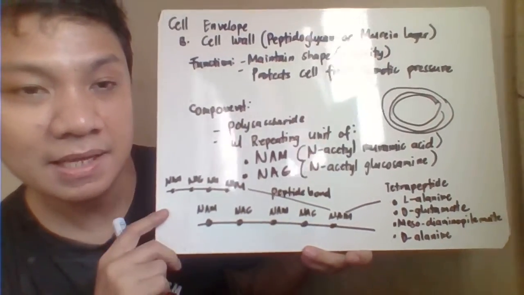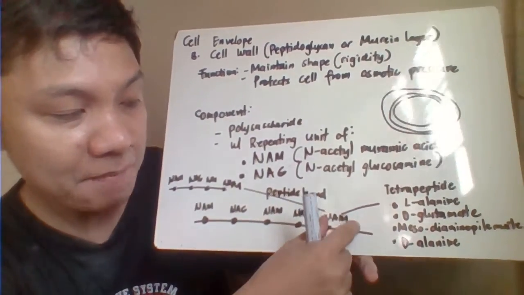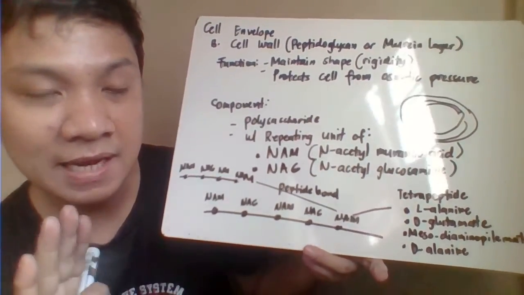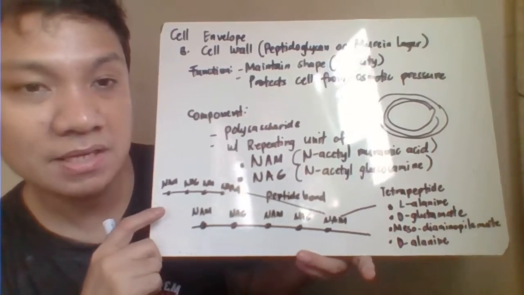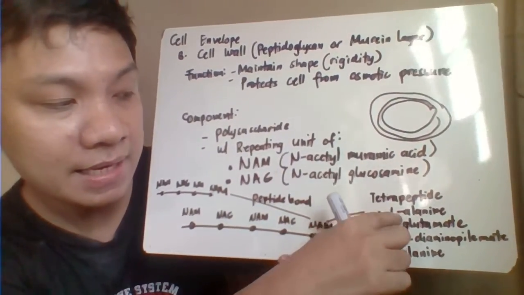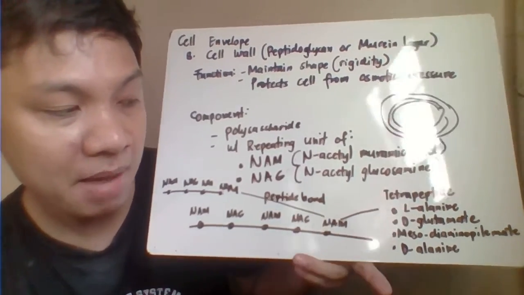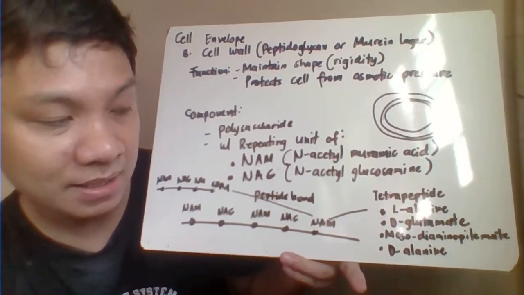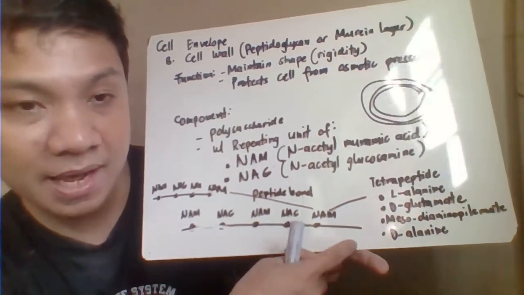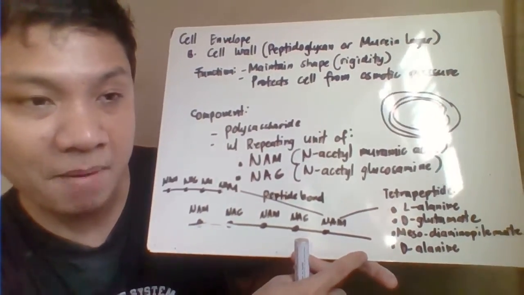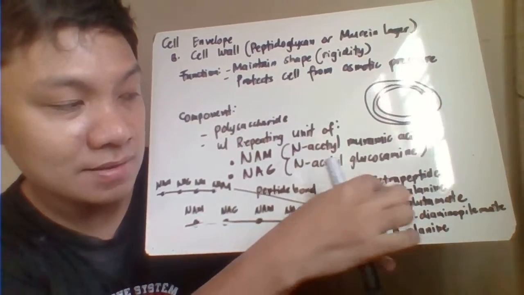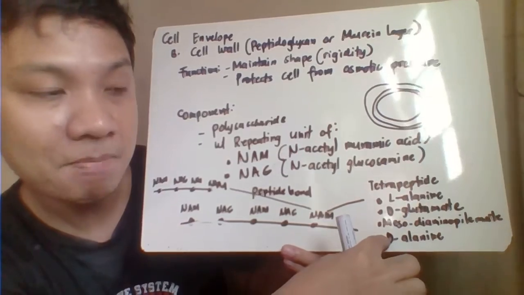Another thing, ano pa makikita natin sa structure? In the NAM layer or N-acetylmuramic acid, may naka-attach na 4 na amino acids. You call that your tetrapeptide. That includes your L-alanine, D-glutamate, meso-diaminopimelate, and we also have your D-alanine. So, one polysaccharide unit is able to bind to the next polysaccharide unit by this amino acid na tetrapeptide.